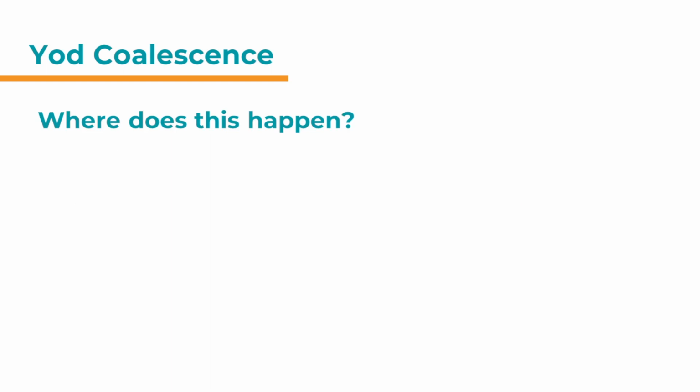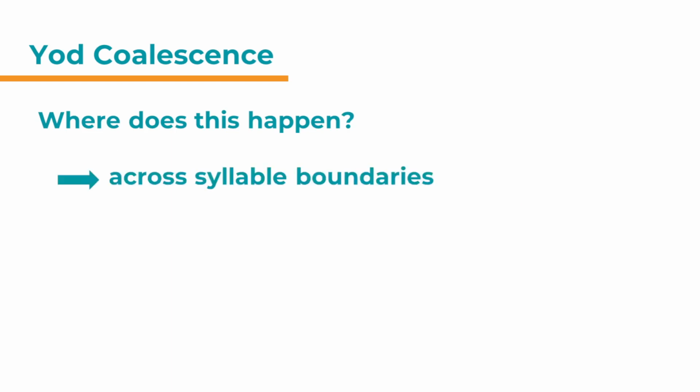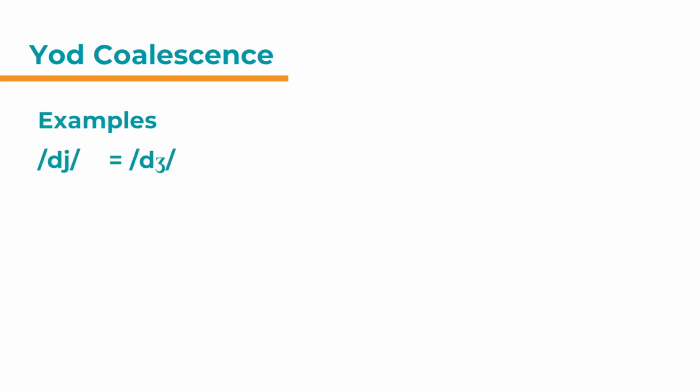Where does Yod coalescence happen? It happens across syllable boundaries or even word boundaries. Here are some examples. First of all, D and Y forming J. We have the word soldier. We do not say sold-Y anymore. It has become soldier.